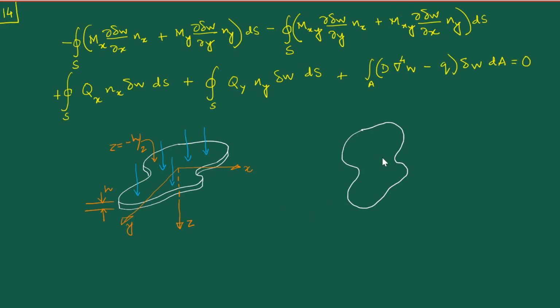So our x is like this, our y is like this, and z is going into the plane of the screen, represented by this cross.